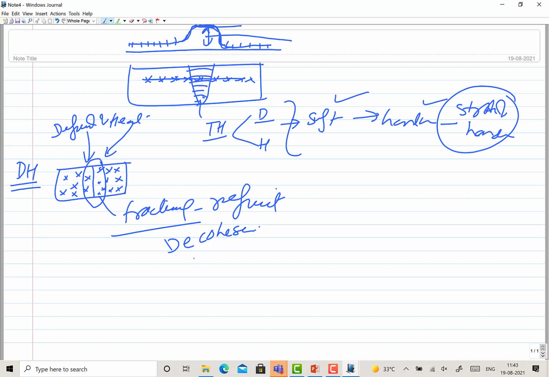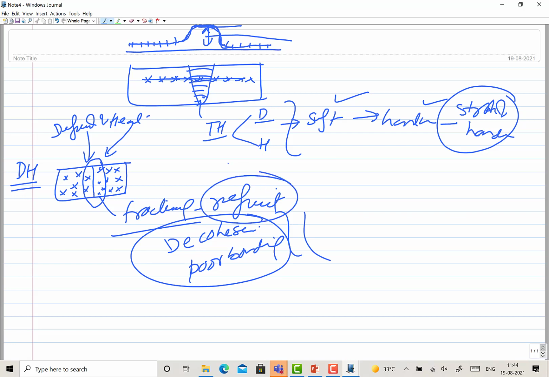So there is a possibility of decohesion as well as poor bonding between the particles and the matrix, which can weaken the material. So if this is dominating, then it can weaken, and if the refinement is dominating, then you can say there will be improvement. It depends. Okay. It is expected that the dispersion hardened metals will not be much affected by the solid state joining processes.